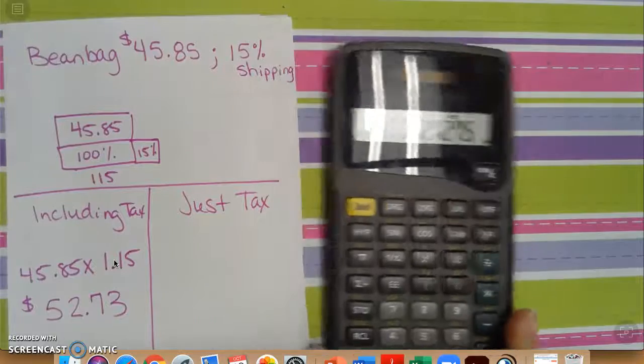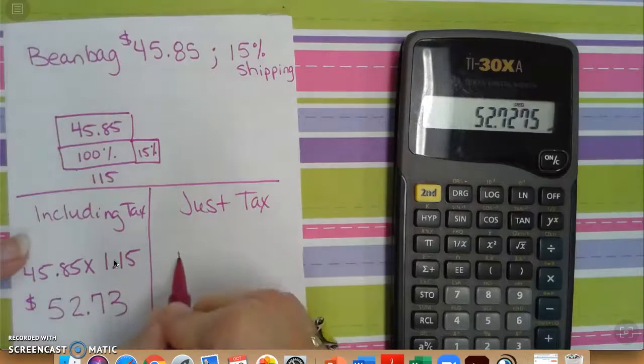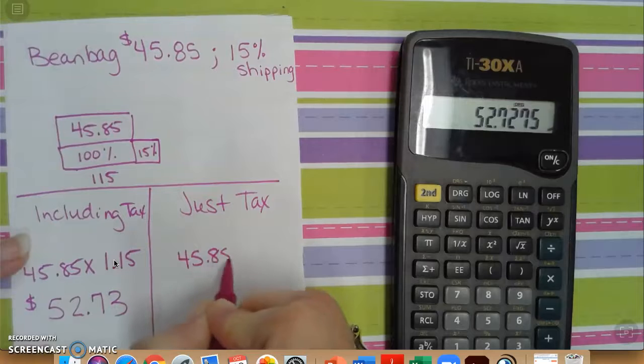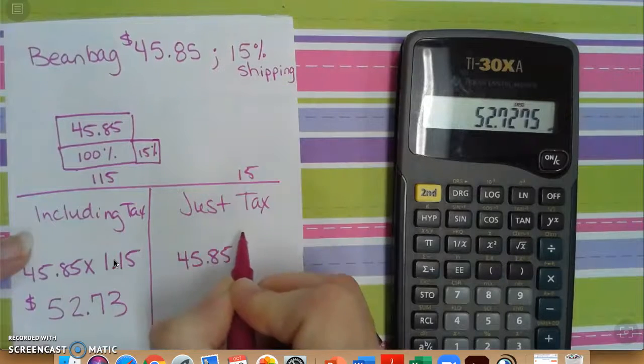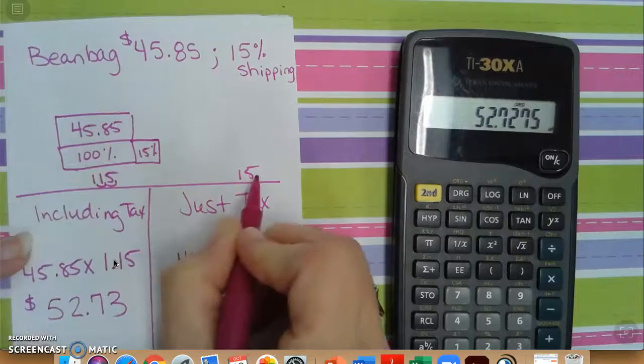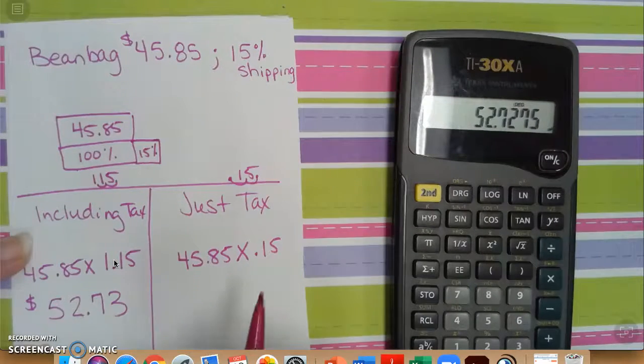Okay, well that was kind of hard to see because of the glare, I'm sorry. So then if we just do just tax, we're going to take $45.85 times just tax, which is 15%. If we move that decimal back 2 times, that's going to be times 0.15.